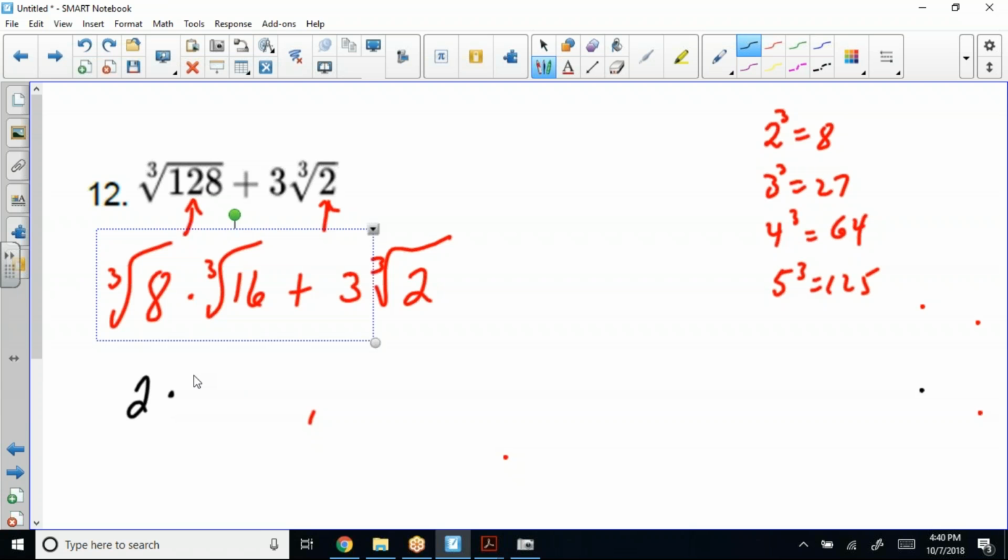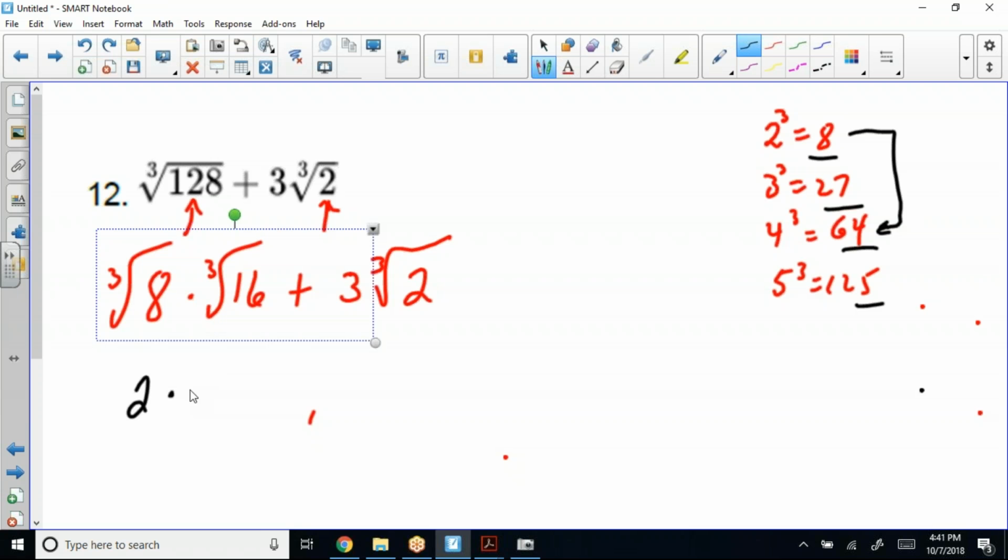Now, can we look at the cube root of 16 to see if 8 would go into it? And it does. Is there a perfect cube that would go into 16? And it does. Maybe I should have just chosen 64, because 64 is really half of 128, right?